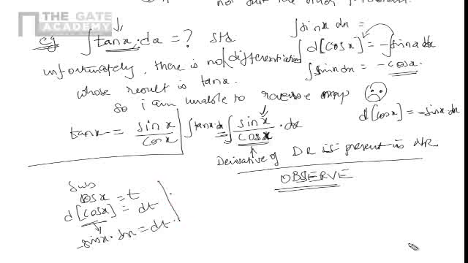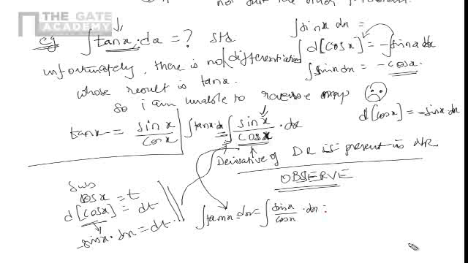So if I put this substitution here, the result will be: integral of tan x dx is equal to integral of sin x by cos x dx. I am substituting cos x as t, and sin x dx is nothing but dt, so I will get minus dt here. So minus is outside. I will get dt by t.